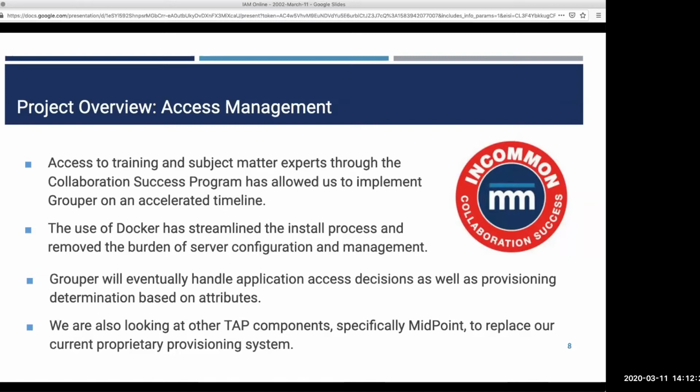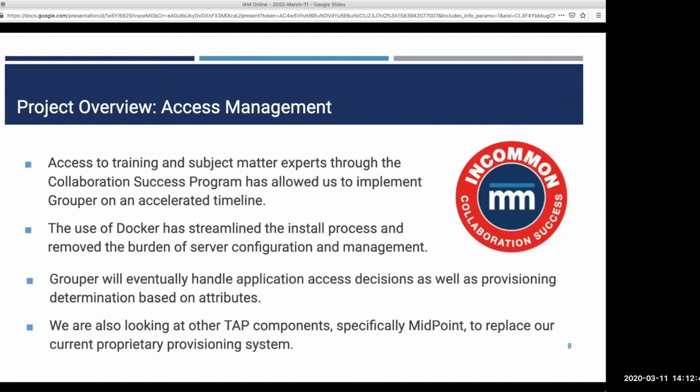It was a little fuzzy, I think, where different tools shined versus others, like provisioning and deprovisioning could be done in Grouper as well as Midpoint. So we used this opportunity to get a better feel for the different components and which ones we could use here and which ones maybe we don't need.